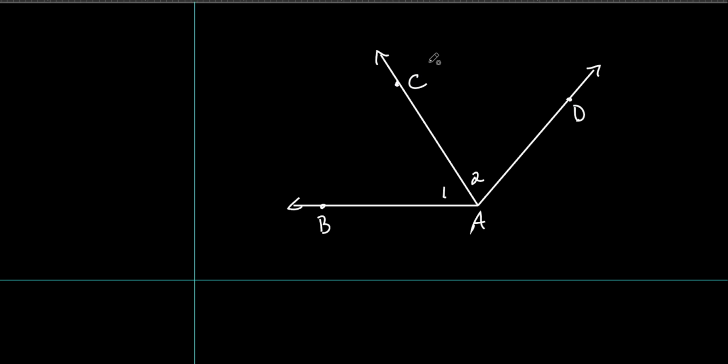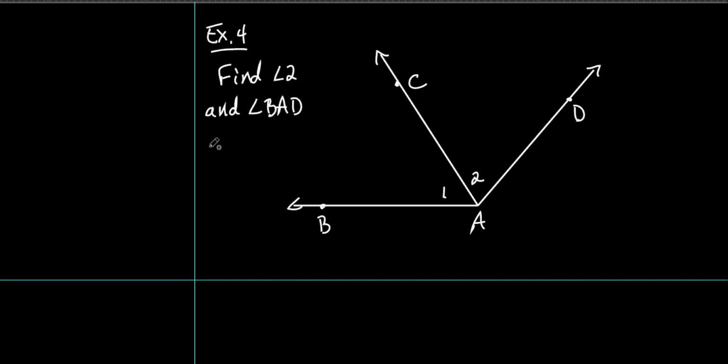So this is kind of stuff they're going to do on the homework. They're going to give you a picture that looks like this, and then they're going to ask you to find something, and they're going to give you some information about it. So here's what the question says. This is example 4. It says find angle 2 and angle BAD.